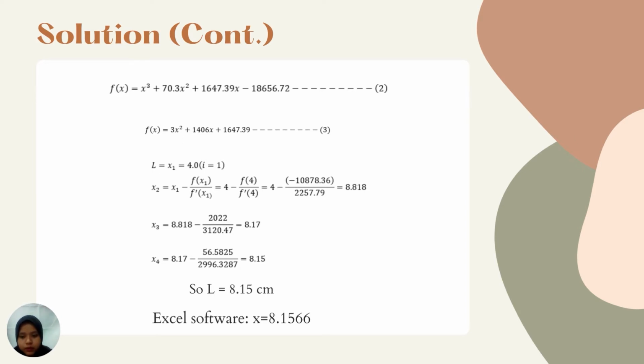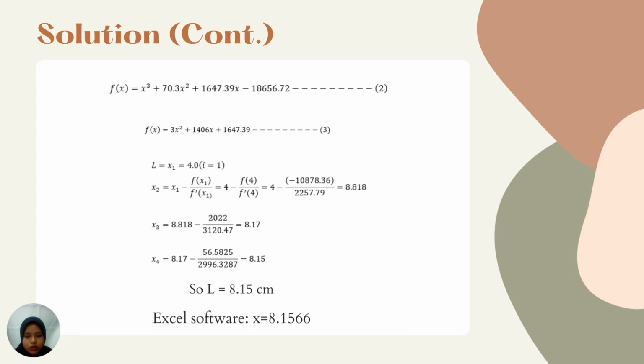The equation will thus be equation 2, and its derivative is f'(x) equal to 3x to the power of 2 plus 140.6x plus 1647.39, equation 3.